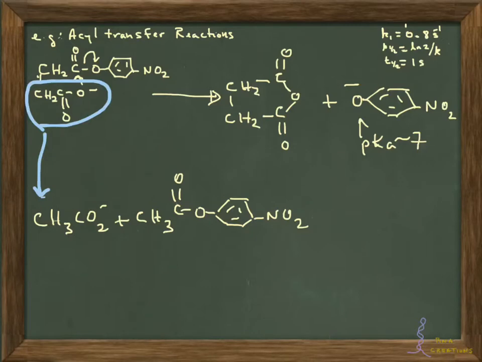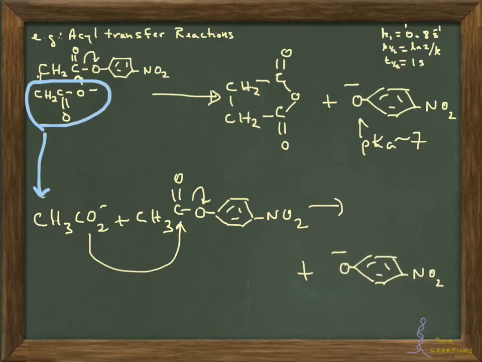So we know now that this guy will attack here, and that will leave, so it's going to give us the paranitrophenolate again, which I'll just paste from up above, plus the product of this, which we can figure out. This O is going to attack that, and so we're going to end up with something like this.